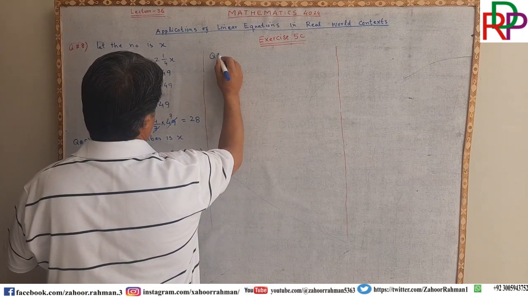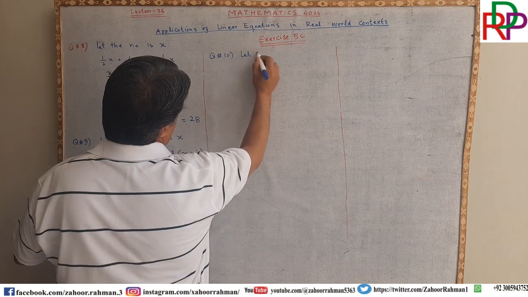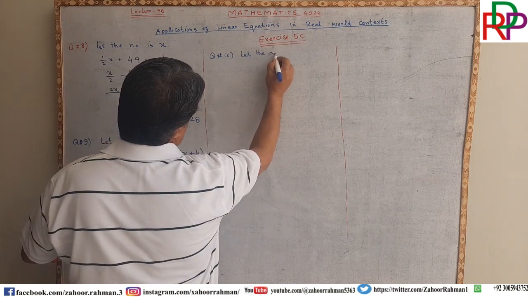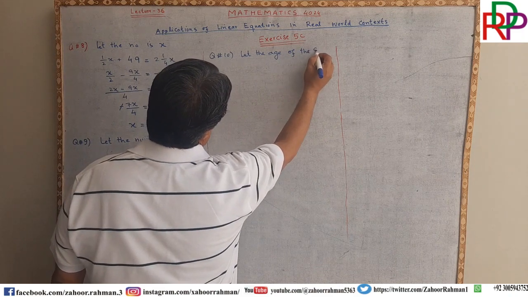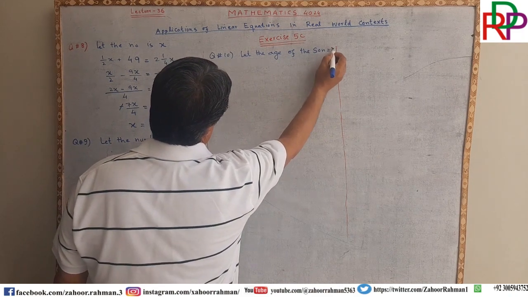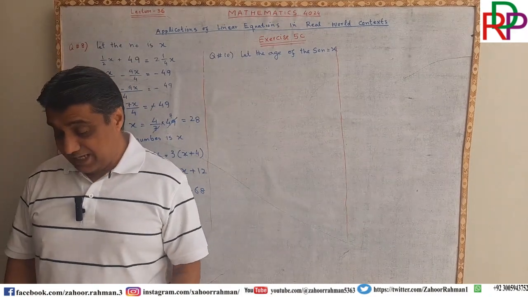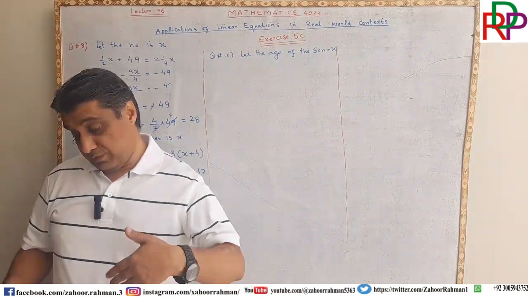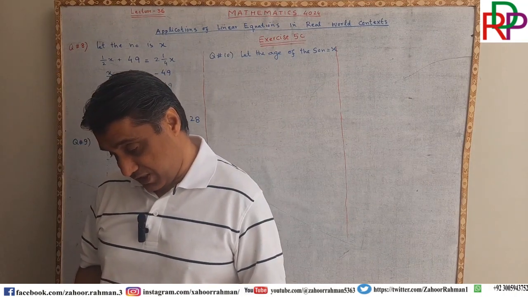Question number 10, let the age of the son be x, and then we will go ahead according to the question.